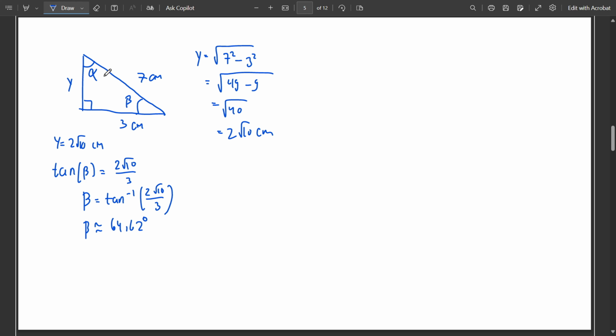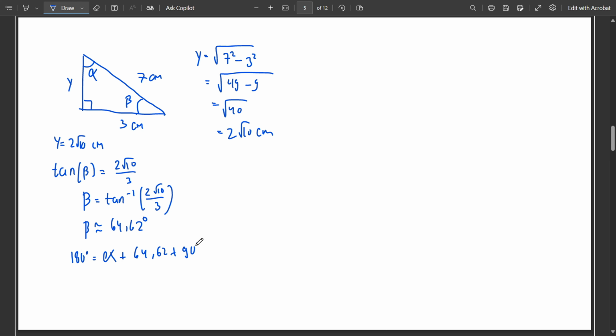Well, we can figure out alpha. So 180 degrees is equal to alpha plus beta, 64.62, plus our 90 degrees.